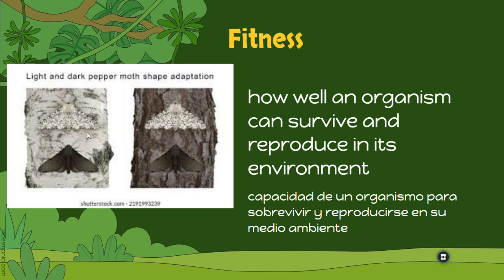So the light peppered moth is more fit to survive in an environment that has the light colored trees. So before the Industrial Revolution in the United Kingdom, the trees were lighter colored. So the more fit moth, the light peppered moth, was better able to survive and reproduce.